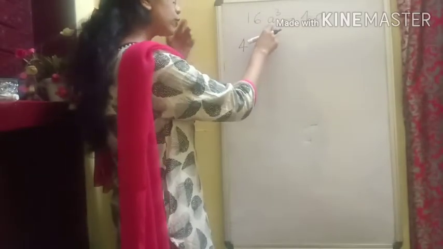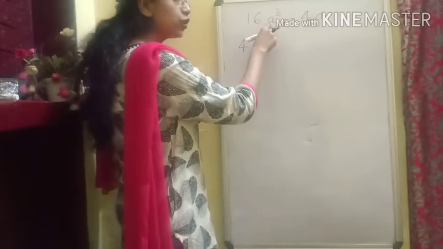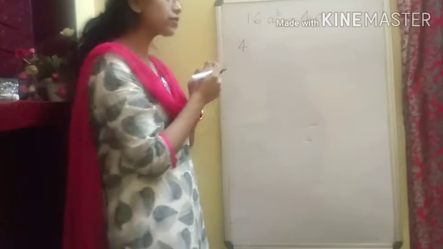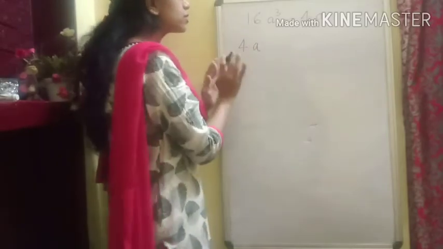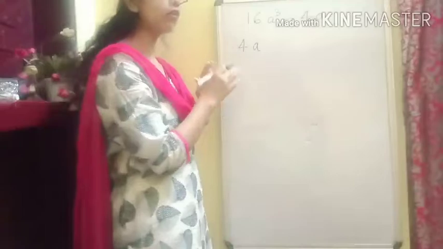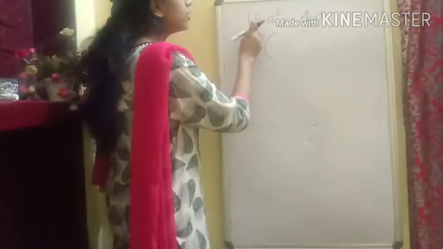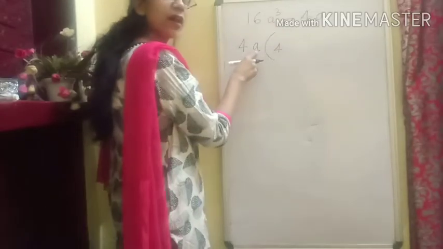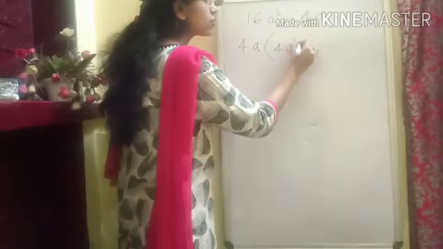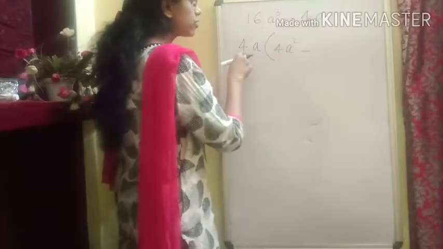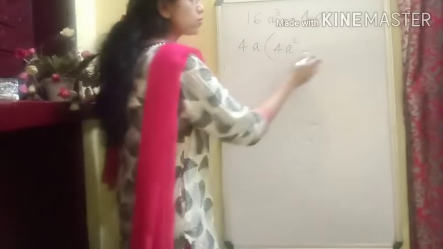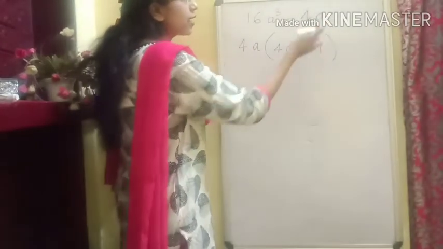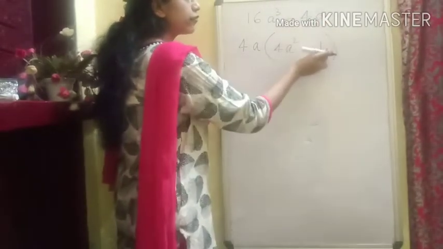And if I go for the variable, here we have a cube and here we have a to the power 1. Which power will we take common? The smallest power, that is a. Now we will see what we are left with. 16, 4 is common, so we have 4. A cube, the one power is common, so we are left with a square. Minus 4 is common, a is already common, so we are left with 1 only.